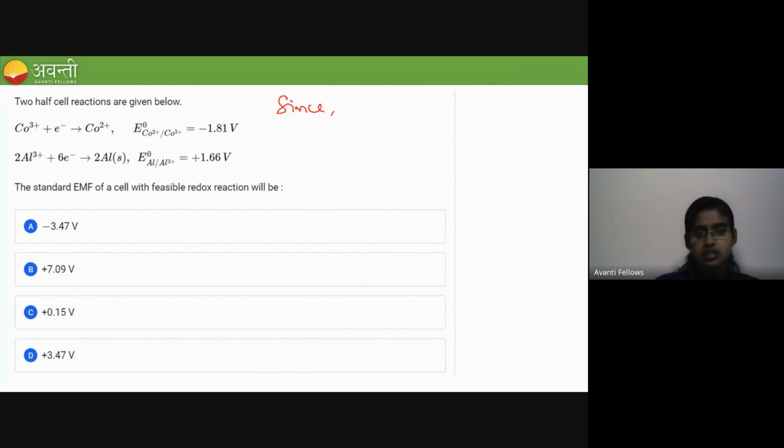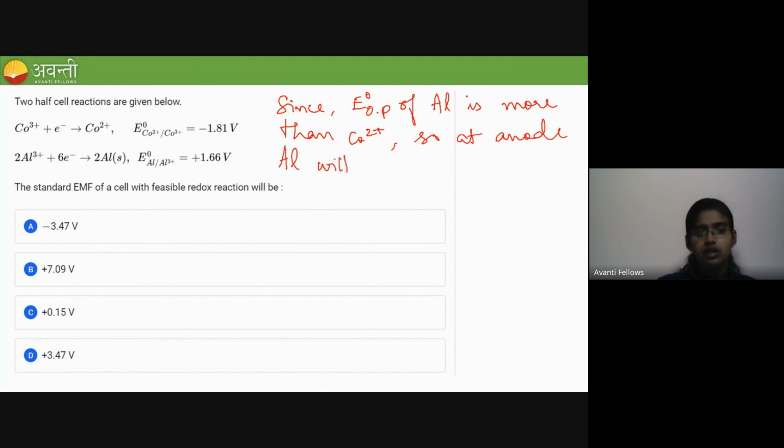Since the E naught oxidation potential of aluminium is more than cobalt 2 plus, so at anode, aluminium will get oxidized. And at cathode, cobalt 3 plus will get reduced.